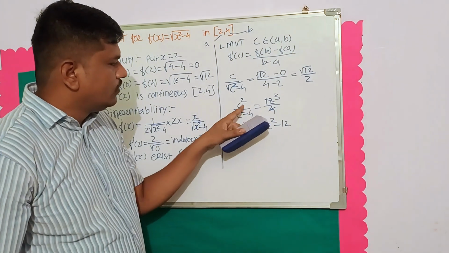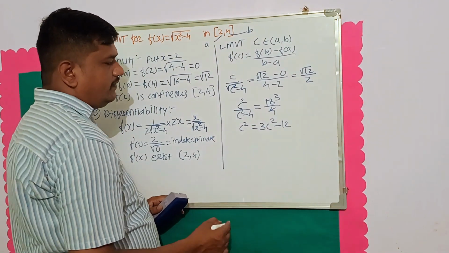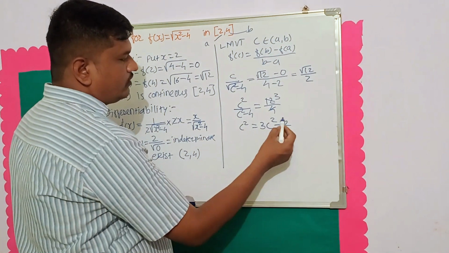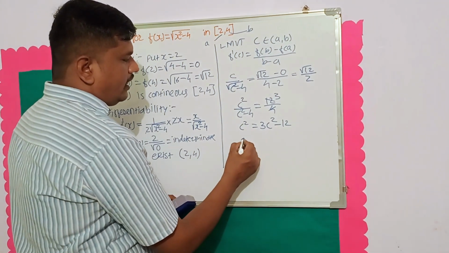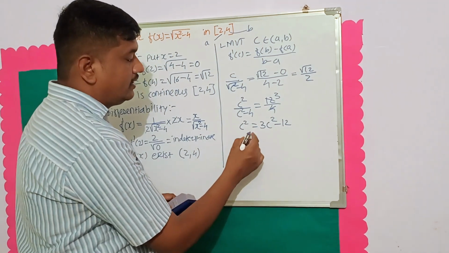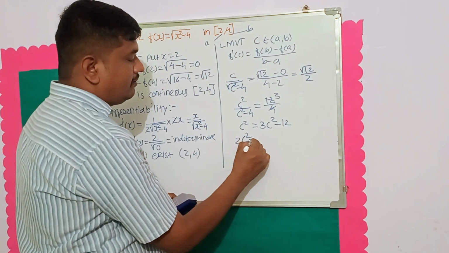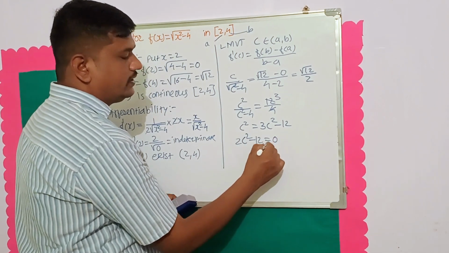Now further, c square I have to take to that side. Here we have 3 c squares, here 1 c square, so 3 minus 1 is 2, so it is 2 c square minus 12 is equal to 0.